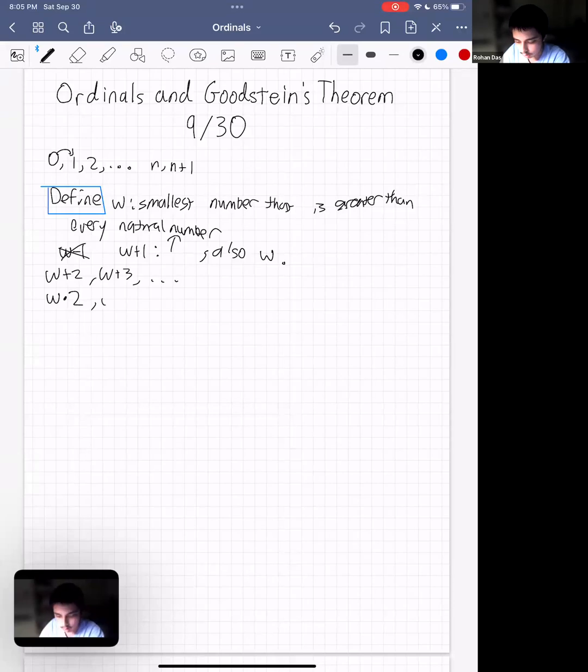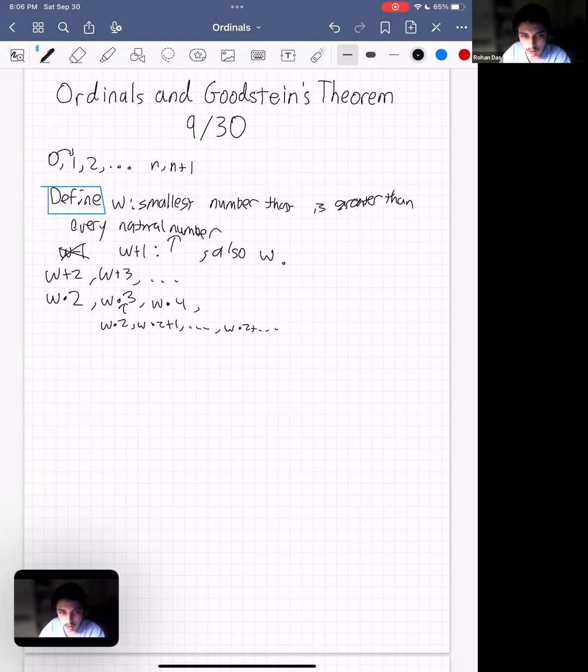And we can also define omega times 3, which is slightly more complicated. It's bigger than omega plus 2, omega times 2 plus 1. But essentially it's the same definition, just with the coefficient of omega changed.